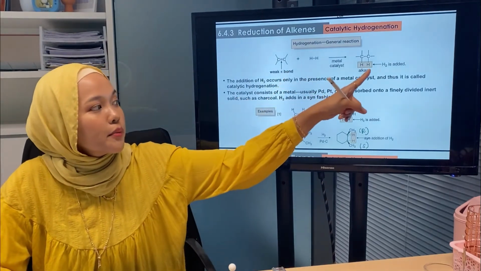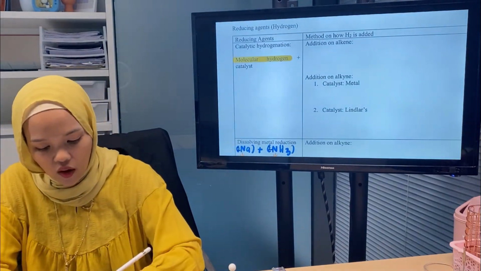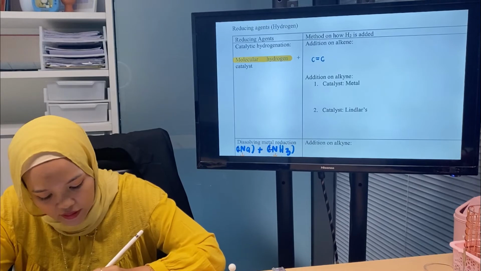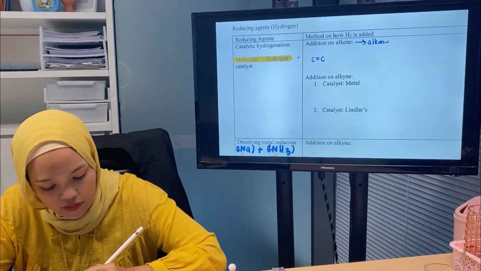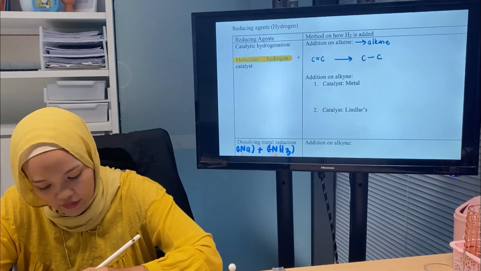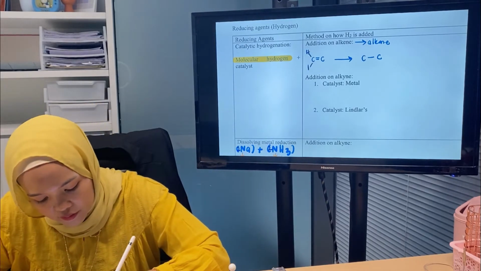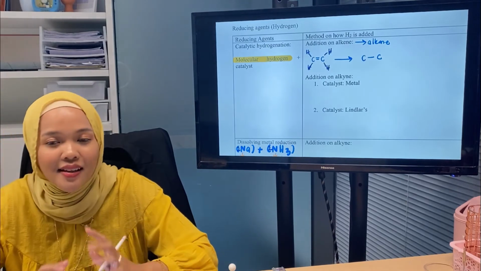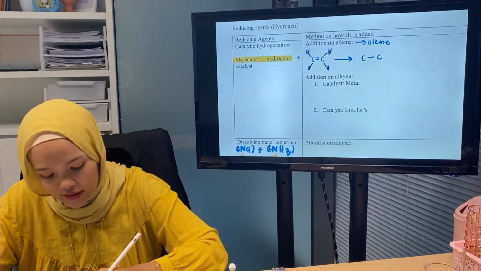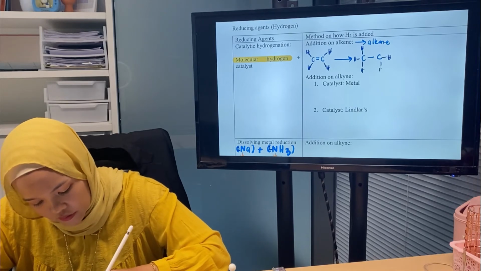So this will straight produce alkane. Let's make it simple: ethene becomes ethane, with hydrogen added to each carbon.